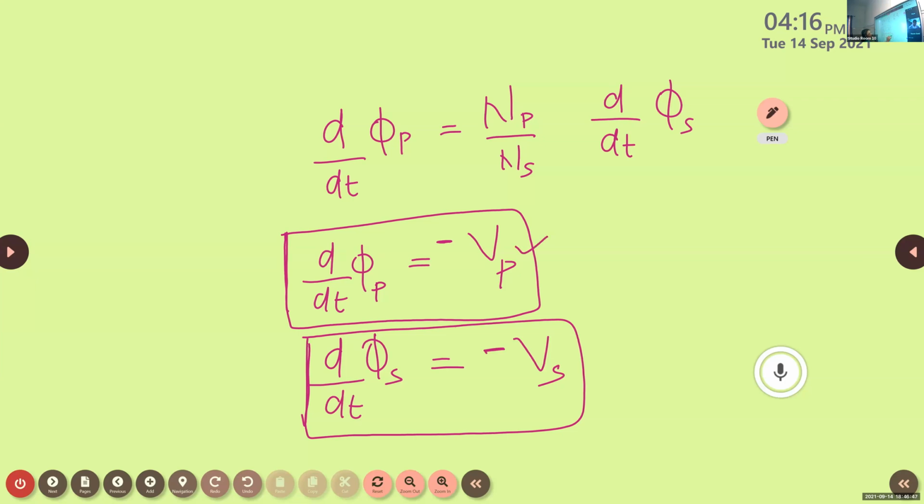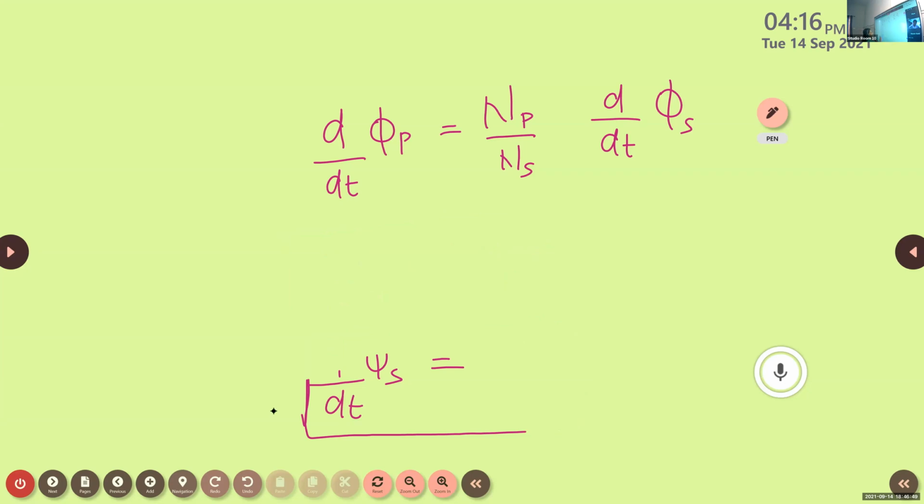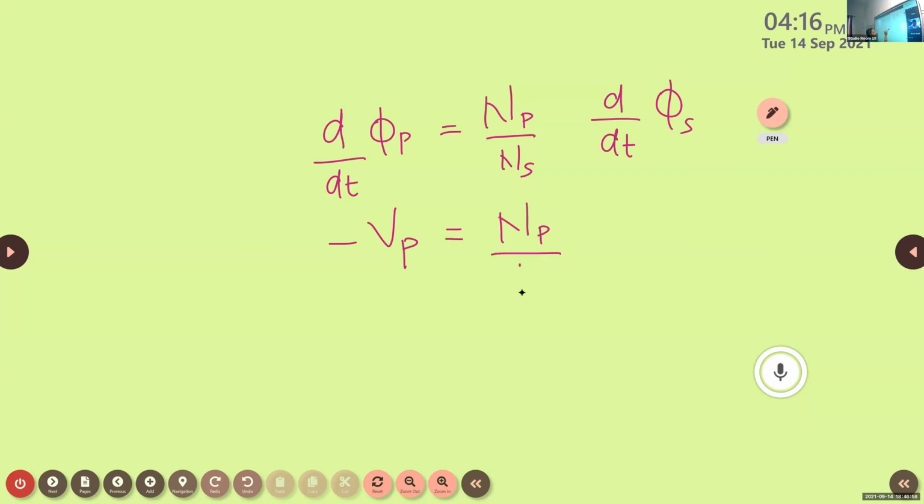So we can substitute these values here. It will become minus Vp is equal to Np by Ns into minus Vs. So the negative sign from both sides cancels.